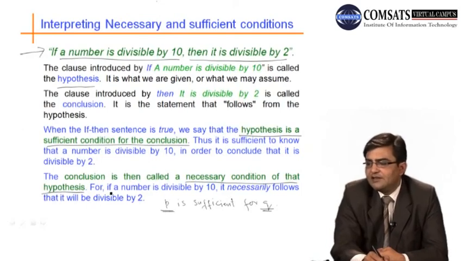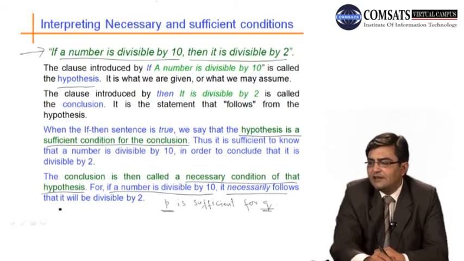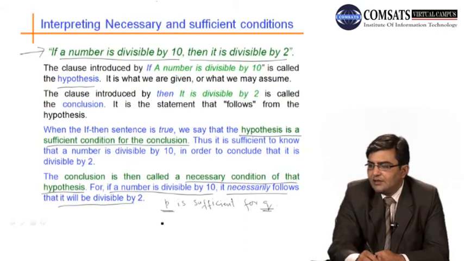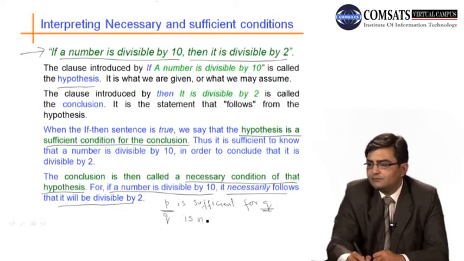For if a number is divisible by 10, it necessarily follows that it is divisible by 2. So in this case, the conclusion, meaning Q, is necessary for P.